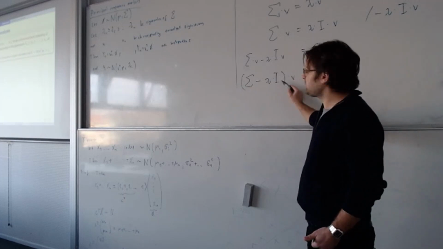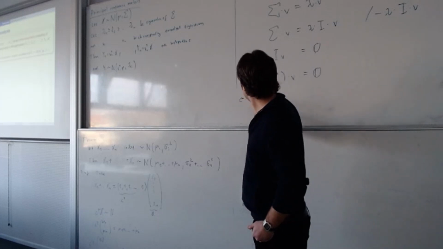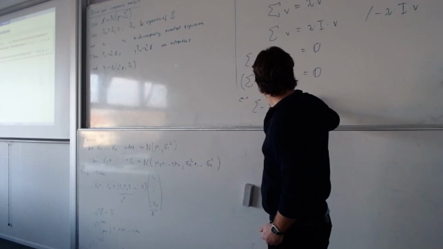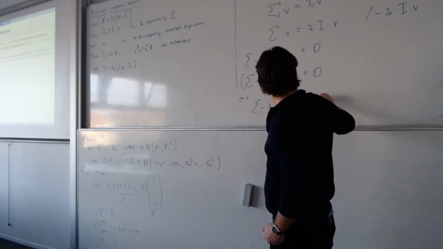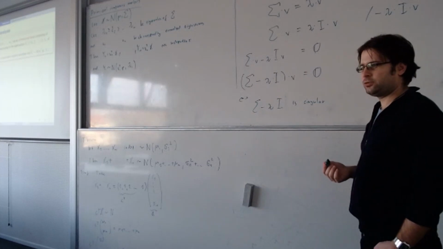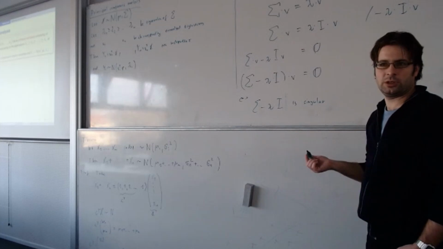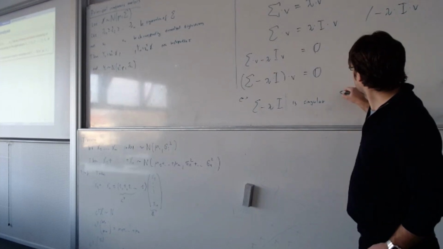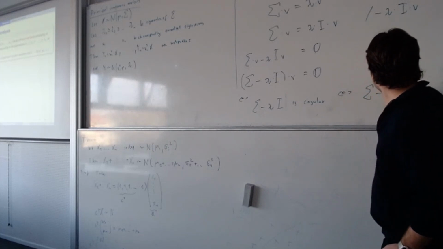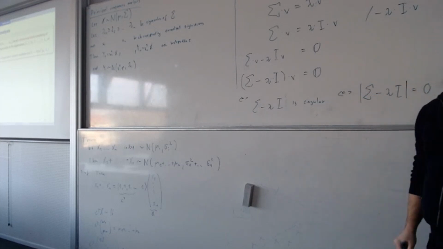This means that this matrix needs to be singular, and how to find where a matrix is singular, exactly as you said, the determinant of that matrix needs to be equal to 0. So this is equivalent with the determinant of sigma minus lambda I being equal to 0.